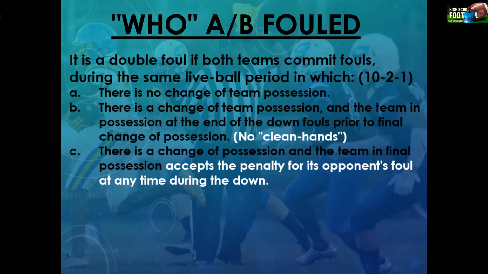So basically, there was a foul on A, B intercepted or recovered the ball with clean hands, but at the end of the down, when we present B with the options of accepting or declining the foul by A, B said, "Oh yeah, I want to take that foul," and there was a foul on B as well after the change of possession.